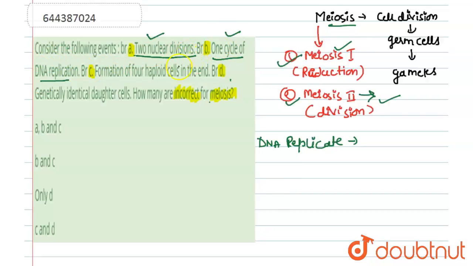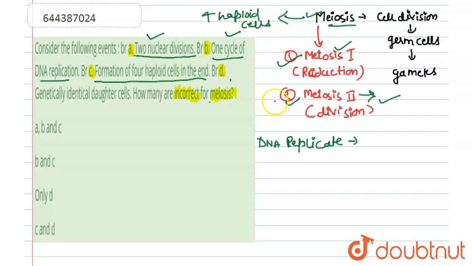Now, the formation of 4 haploid cells in the end. At the end of meiosis, 4 haploid cells have been produced, but the cells are not yet gametes.